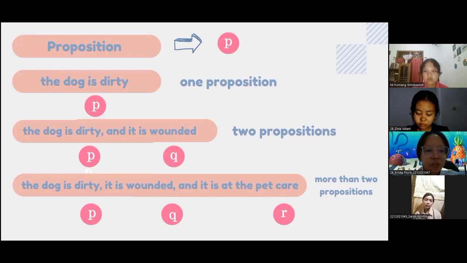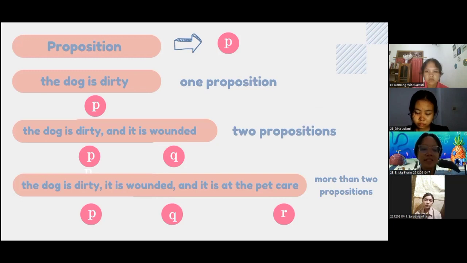And also, how can we know this sentence contains two propositions? By the conjunction "and". If there is a conjunction, it contains two propositions. The dog is dirty, it is wounded, and it is at the pet care.